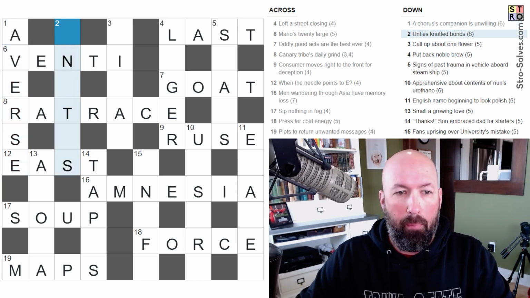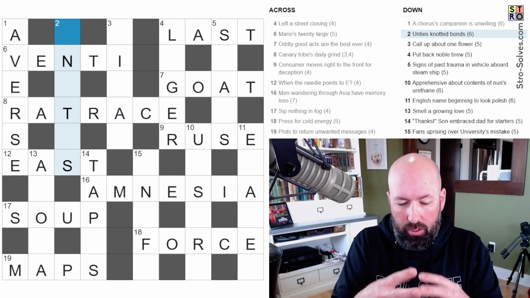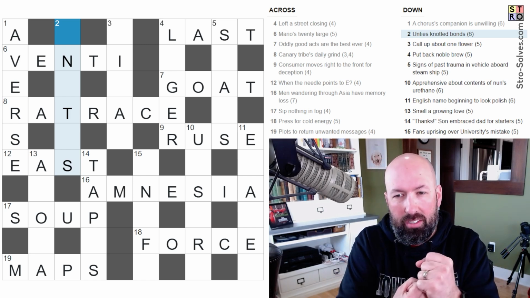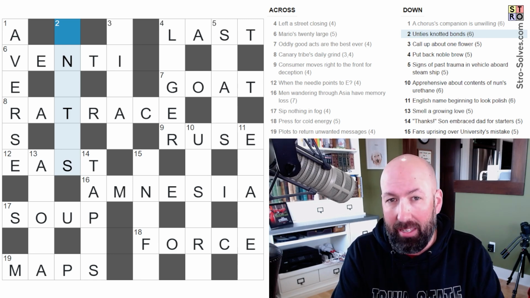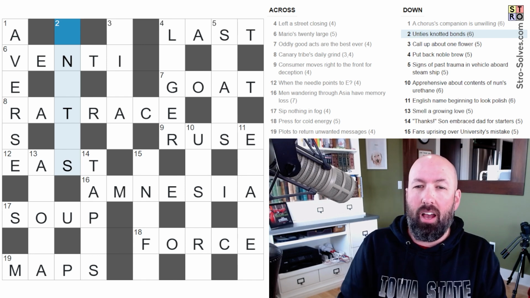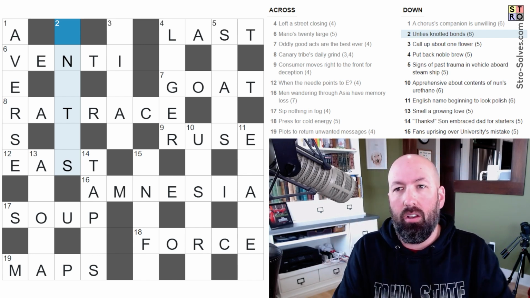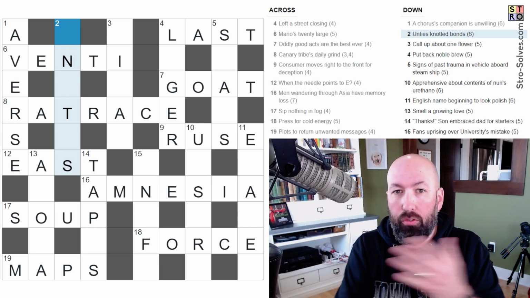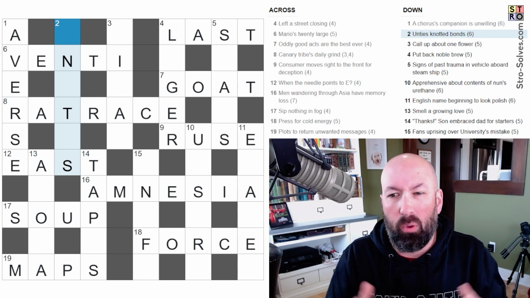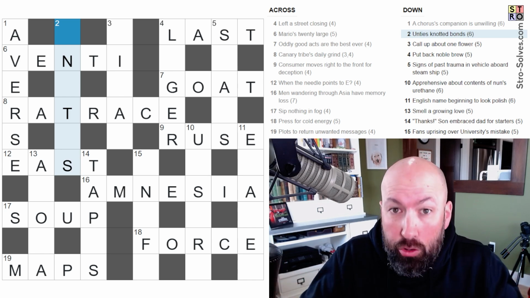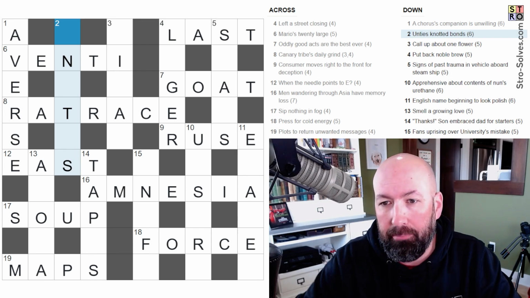2 down. Unties knotted bonds. So knotted sounds like you're knotting something up. You're twisting it. Again, that should make you think anagram. There are a lot of words that can be anagram indicators. Anything talking about knotting or twisting or wandering or shifting or mixing up, breaking something or doing it unusually, any of these kind of things should make you think there could be an anagram going on.